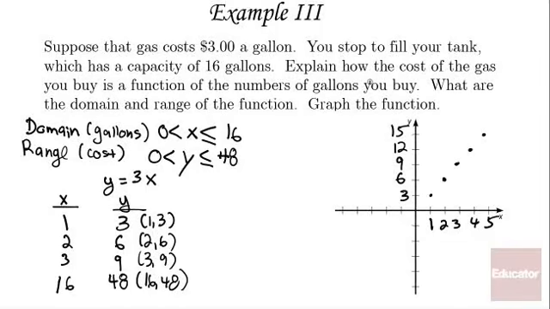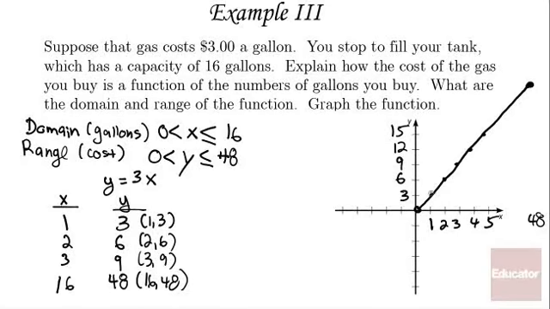So I could fill up any amount from just above 0, so that's going to be an open circle because it's just above 0, all the way up. And this is going to go on and on, and it's going to end when we get to $48, with 16 gallons up here.